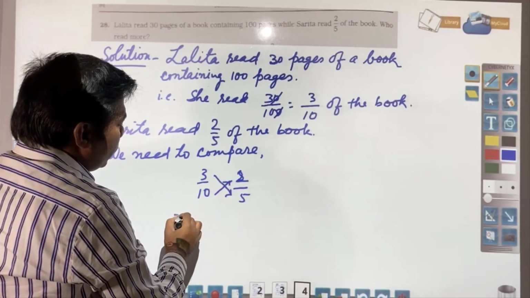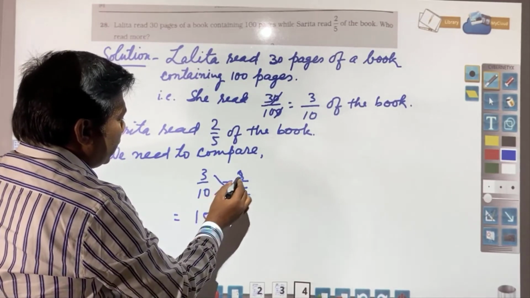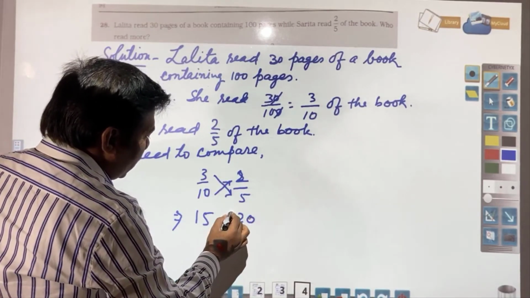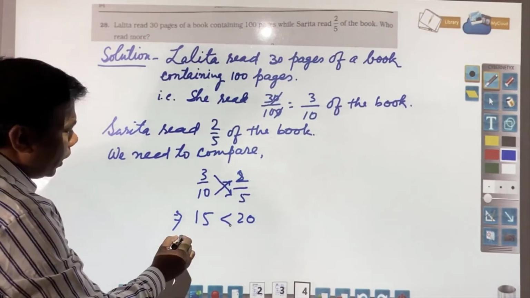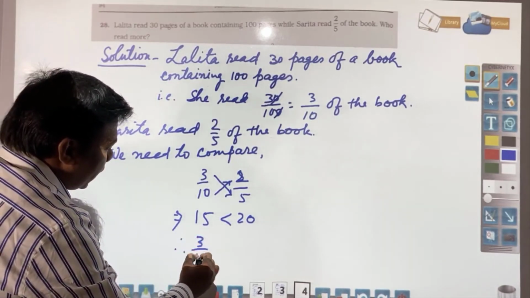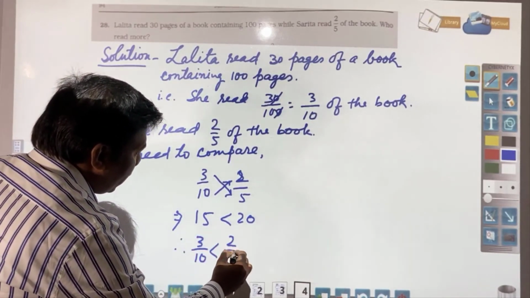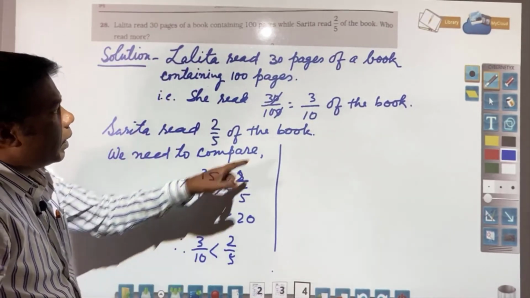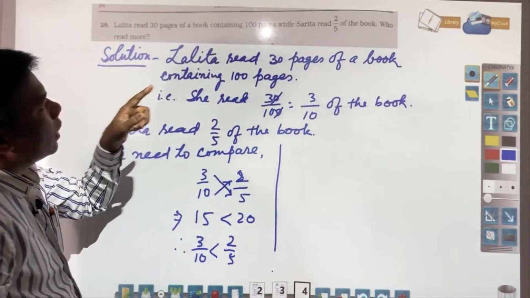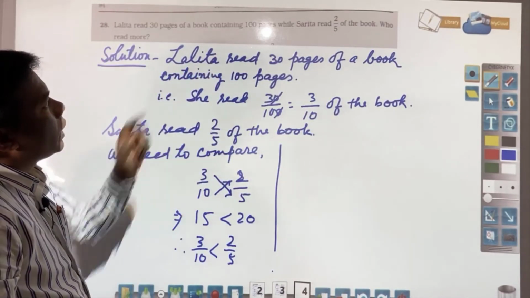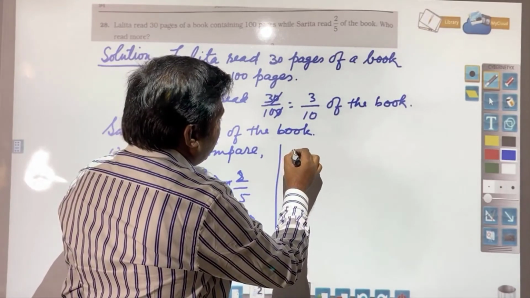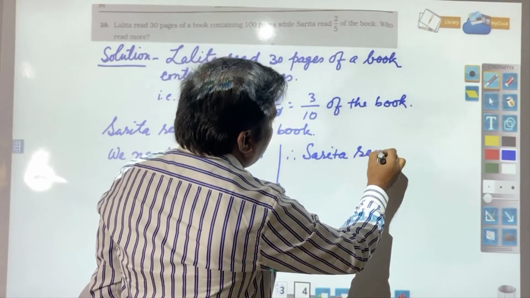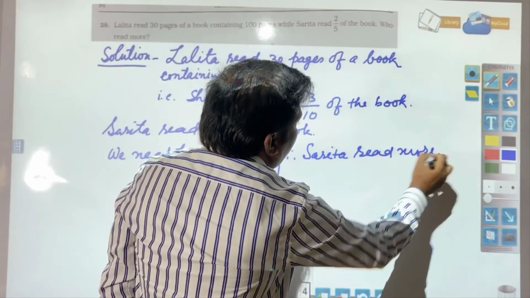This will be 15 and this will be 20. Just you see, 15 is lesser than 20. Therefore, 3 by 10 is lesser than 2 by 5. Who read 3 by 10? Lalita. So who read more? Sarita. Your answer will be, therefore, Sarita read more. And this is your answer.